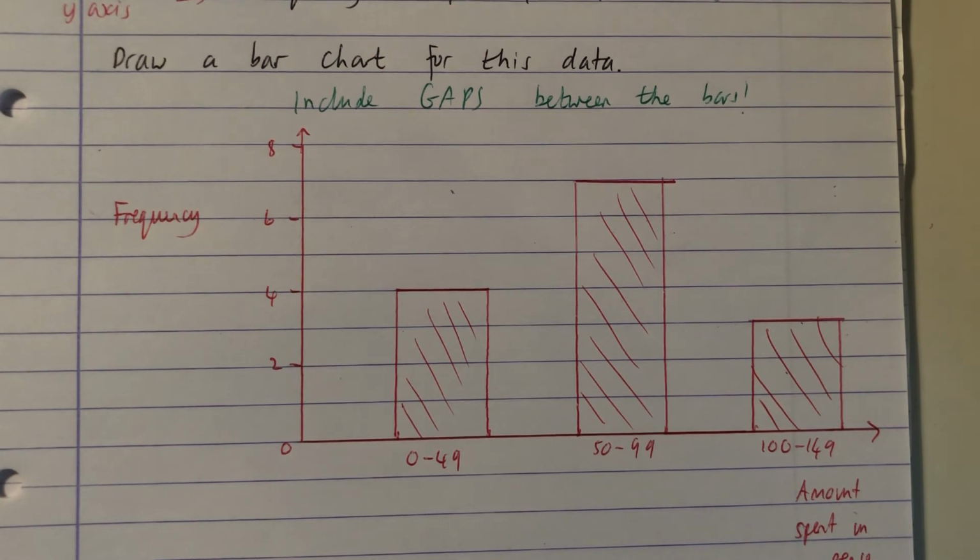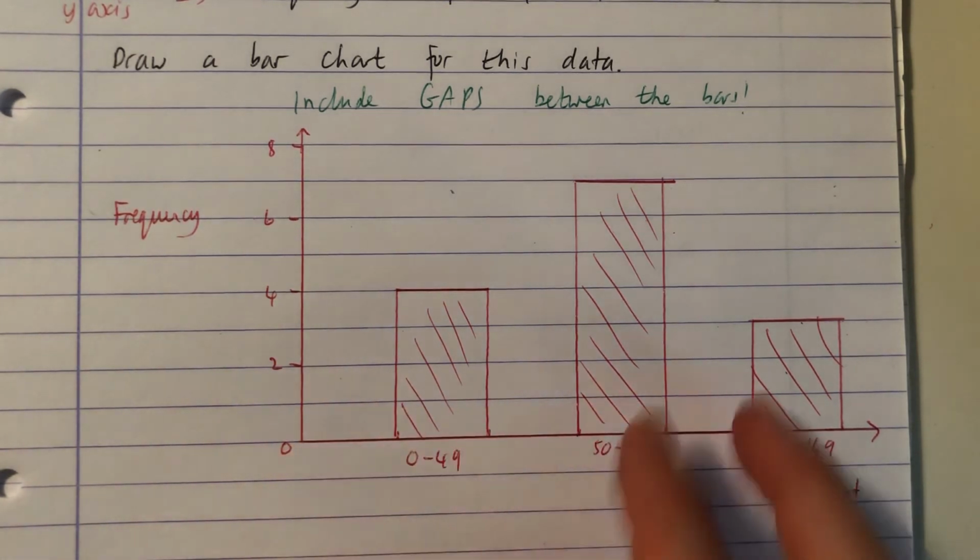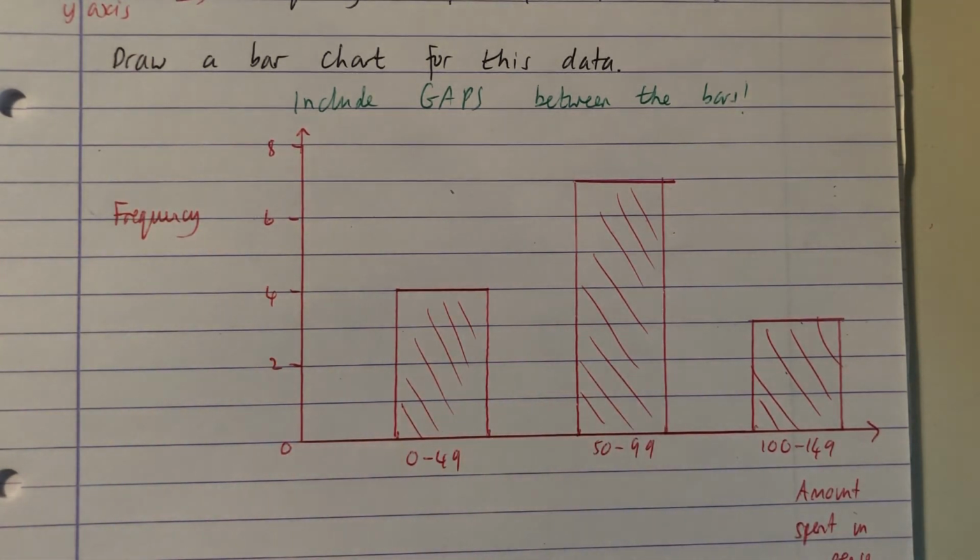Now the questions I would like you to complete, also use this exact same technique of spaces between the bars, exactly the same width, using a ruler, using a pencil just in case you make a mistake, labelling everything.